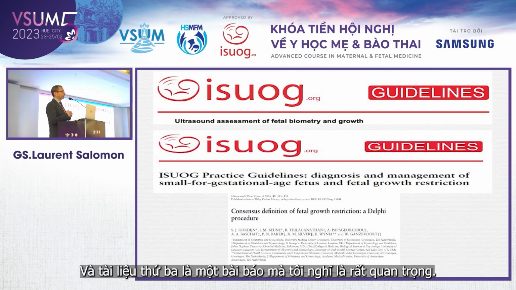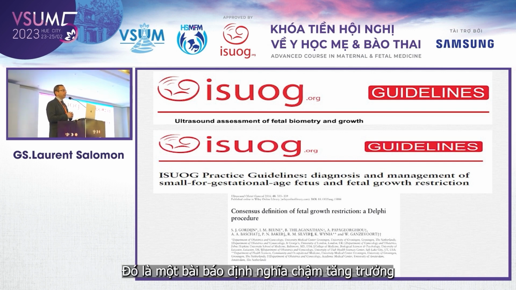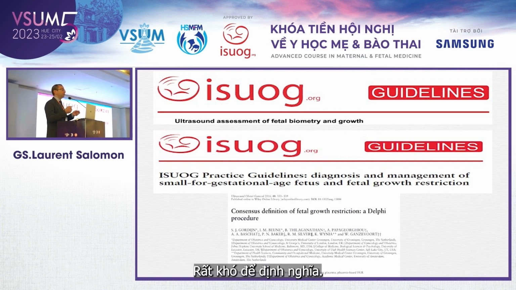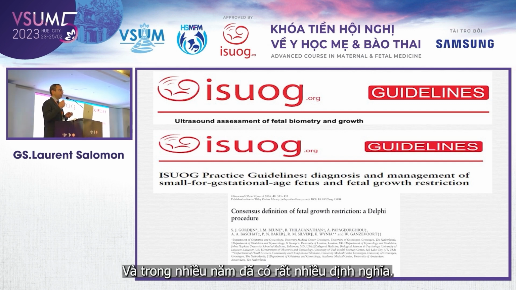And the third document is an article which I think is really important. It's an article that defines growth restriction. It may seem very obvious, but if I ask you, what is a fetus that is growth restricted? It's extremely difficult to define, and for years there were many definitions.